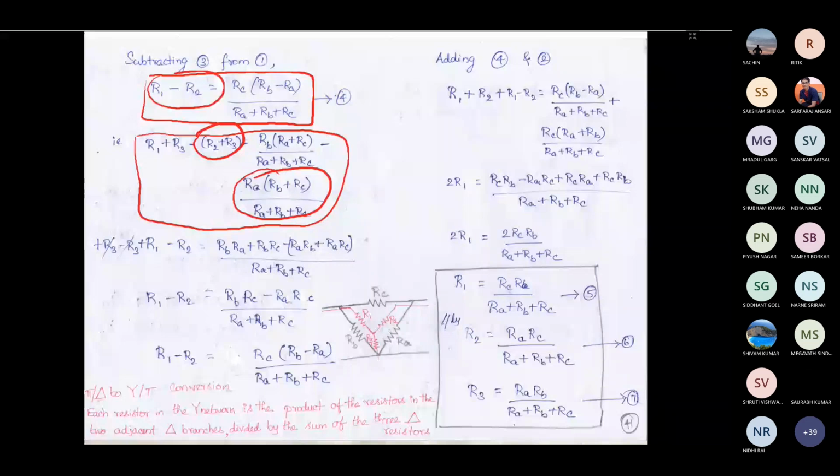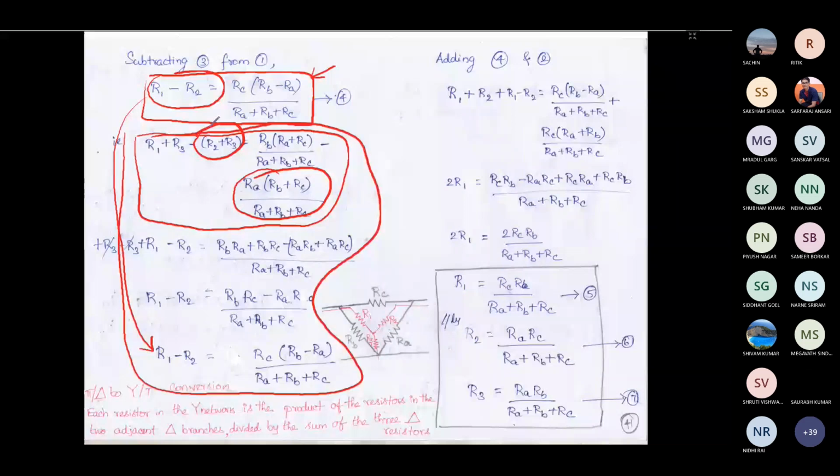This is the explanation of how we got the final expression, which is equation number 4, that I have explained here. I have just subtracted these two equations, and based on that I have obtained this final equation.